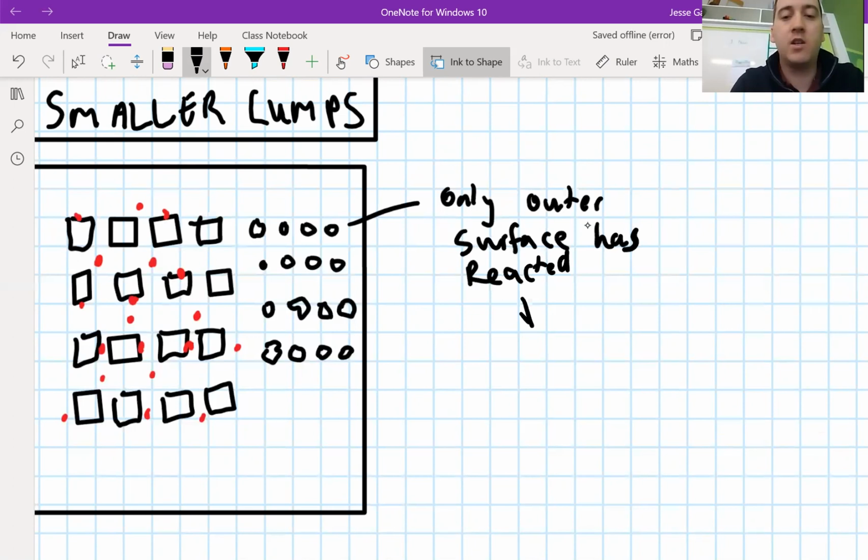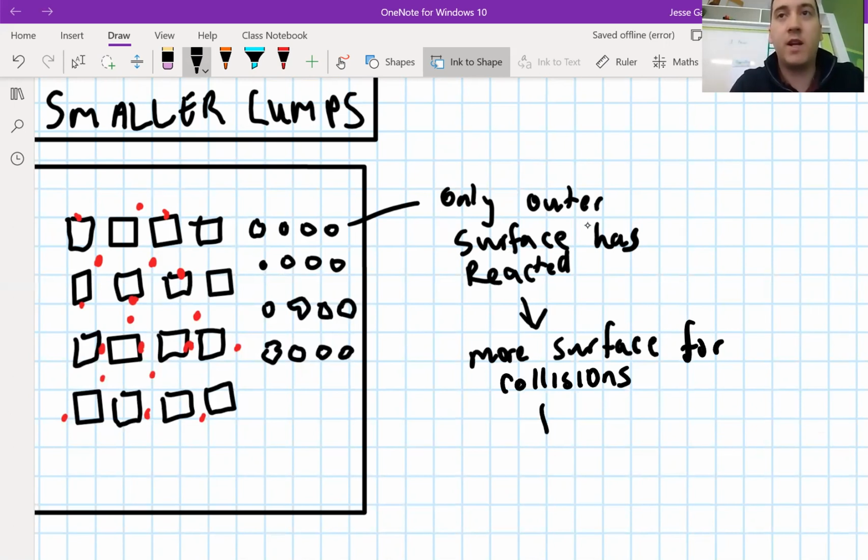But in total, there is more surface for collisions. So there is more surface for collisions in the small particles, which means there are more successful reactions.